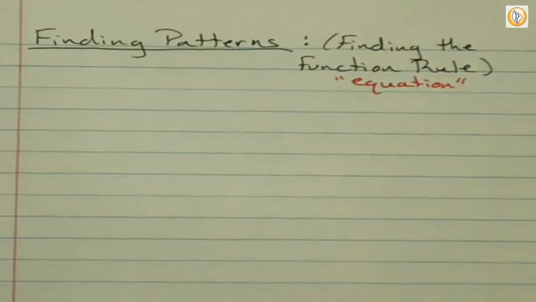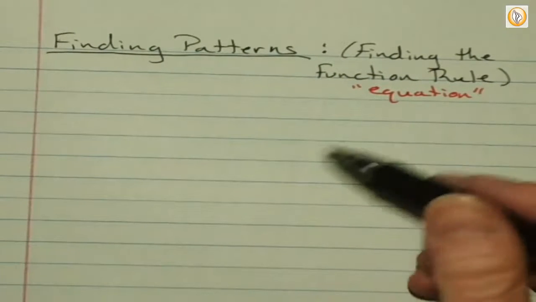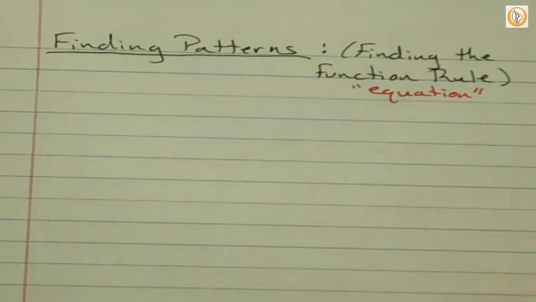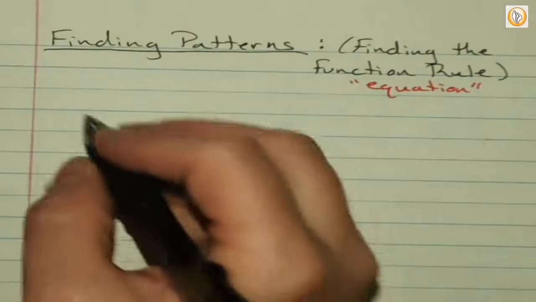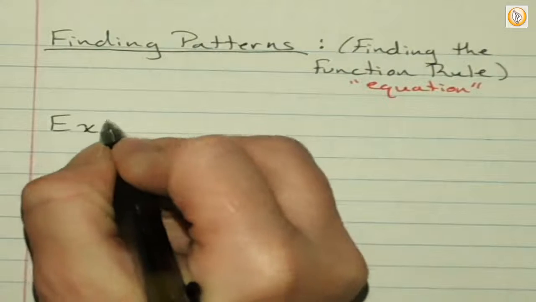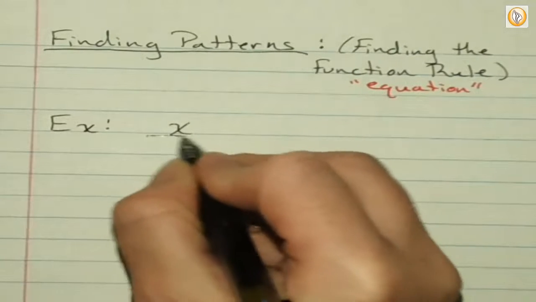We're going the other direction. Before, they gave us the equation and we had to graph it and find domain and range. This time, they're going to give us the table. Let's pretend this is a math problem.